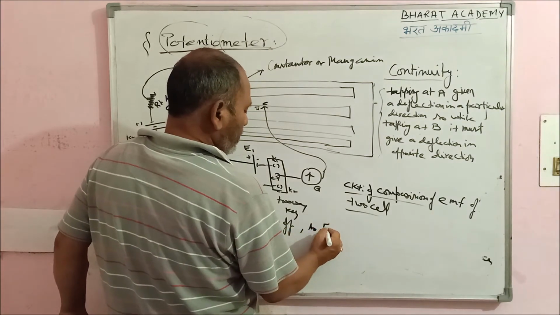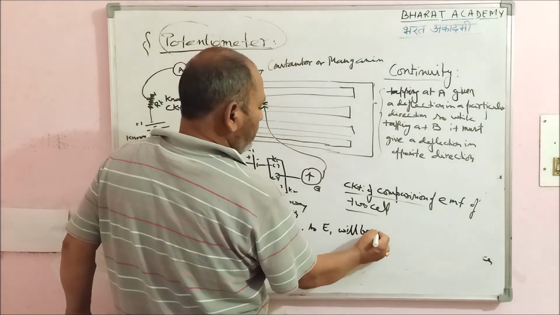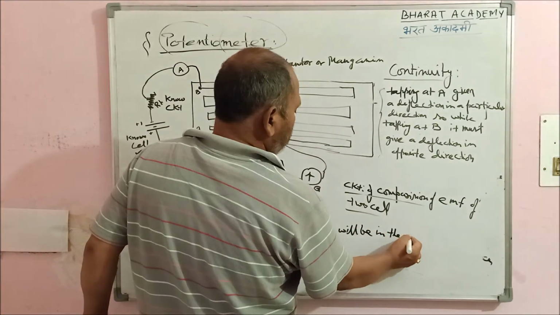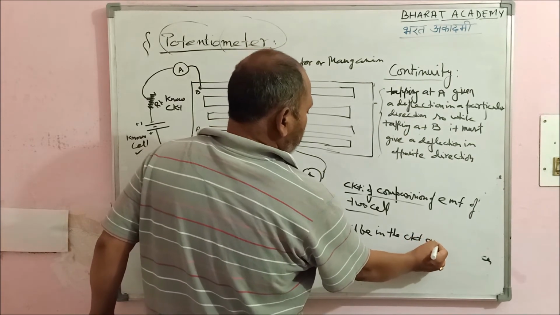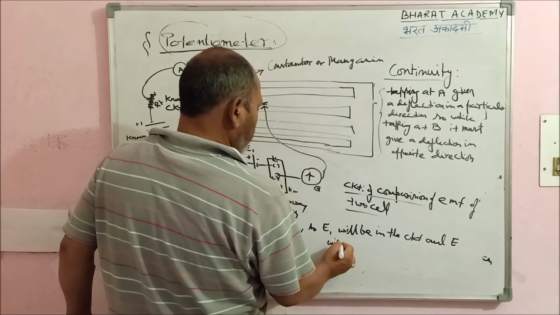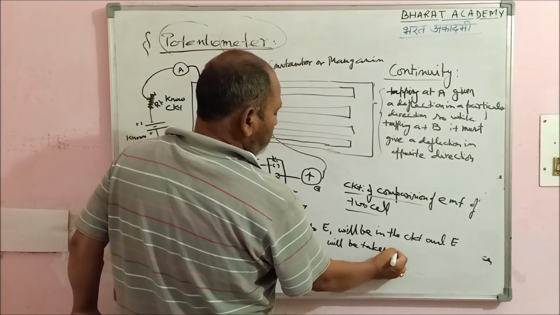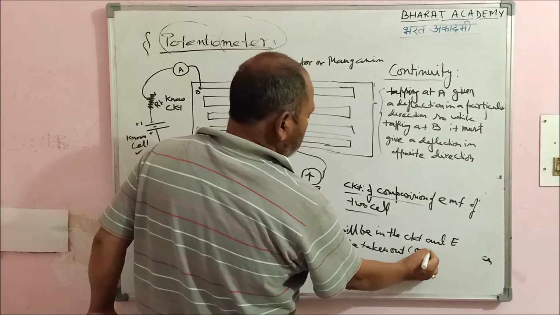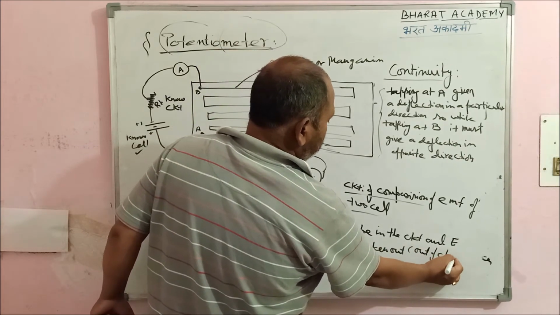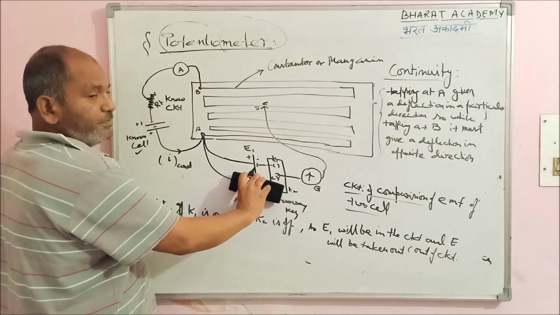E1 will be in the circuit and E2 will be taken out of the circuit. Just like your first experiment, it has become like this, right?